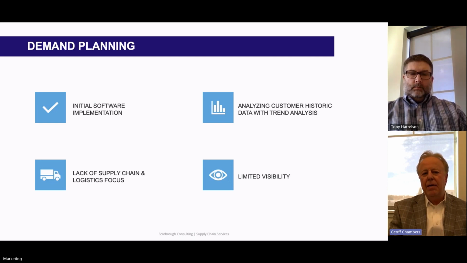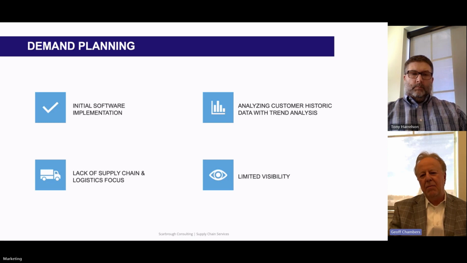So the good thing about demand planning is you do have a software implementation. You do have the historic customer data to do trend analysis to try to forecast what is coming ahead. But there's still a lack of supply chain and logistics focus. So while you have the software and the historic data, demand planning does not cover supply chain and logistics as a focus.